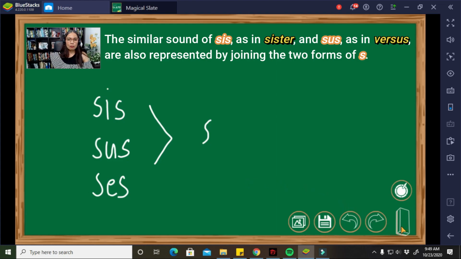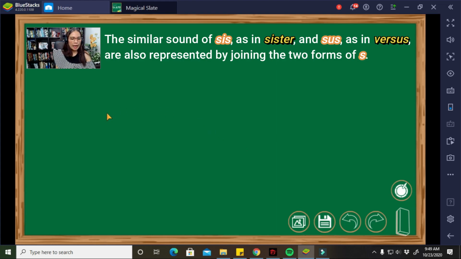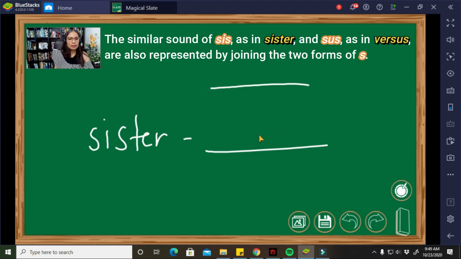So let's have an example. We have the word sister as mentioned. Sister. Okay. So it says, join the two forms of S. And then what do we hear now? It's letter T and R. Sister. Okay. What about the next example?